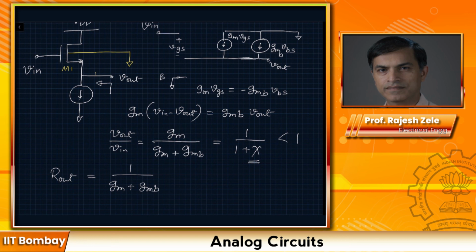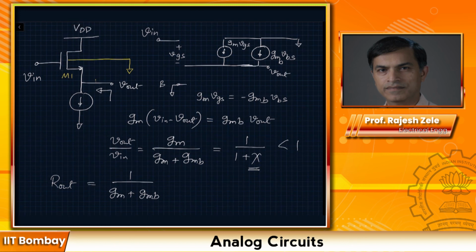So every place you will see that the gm now gets replaced with gm plus gmb. So the rule of thumb again here is whenever you see a circuit where you don't define your backgate connection, then you have to do your first cut analysis without the body effect. And if you know it's an NMOS, then you have to look at the body effect and see its impact on your analysis. So body effect essentially complicates things slightly.